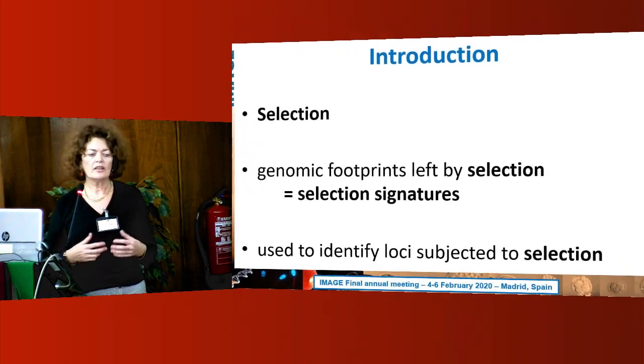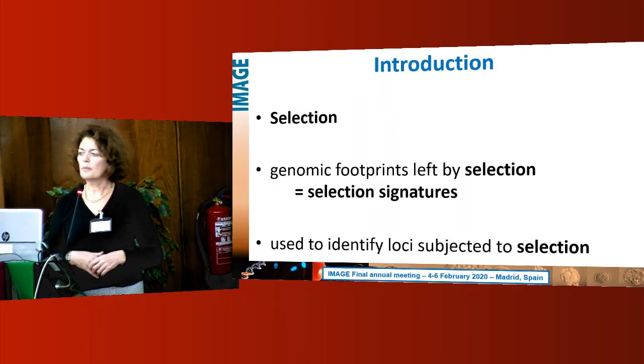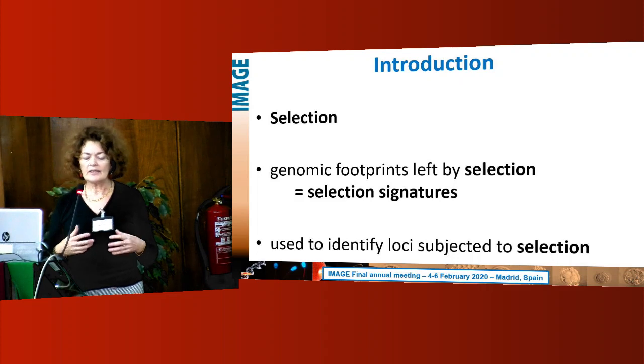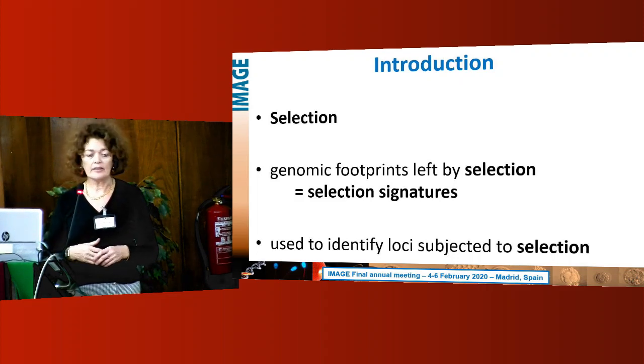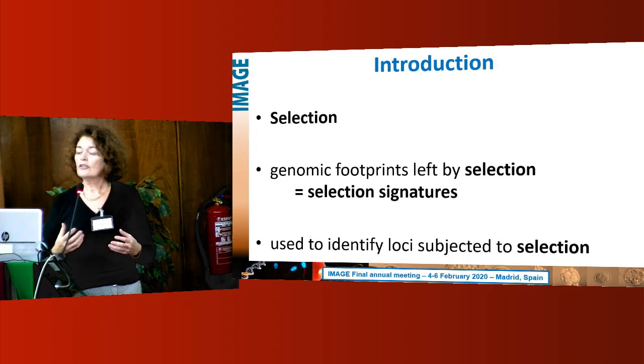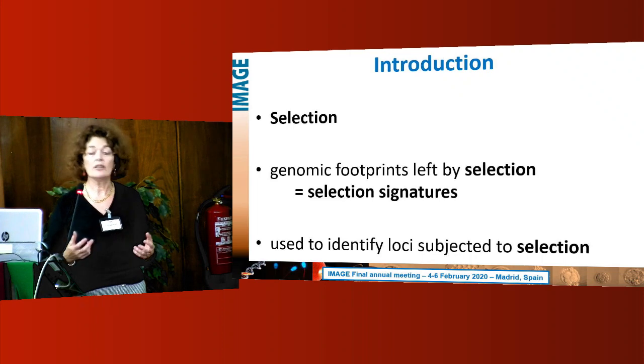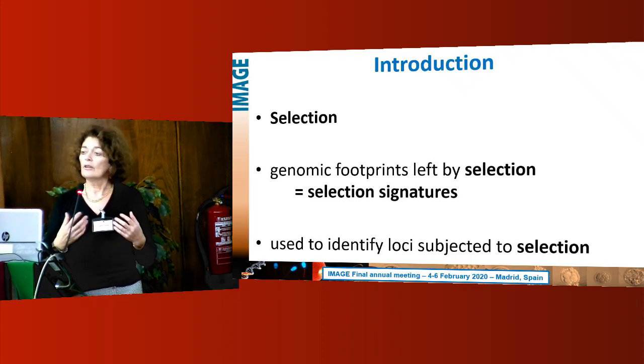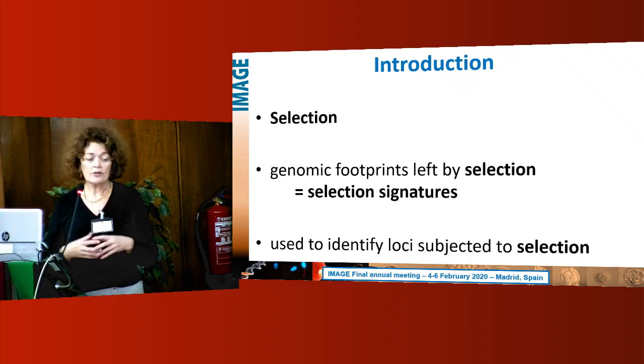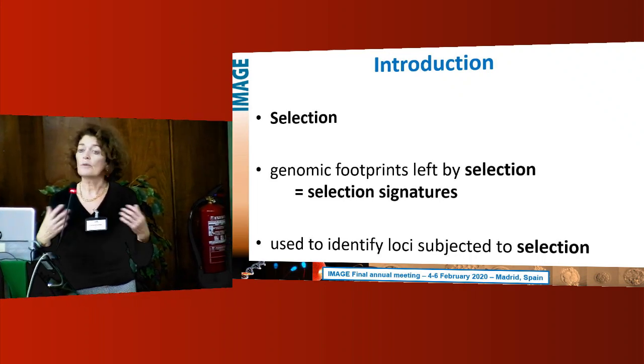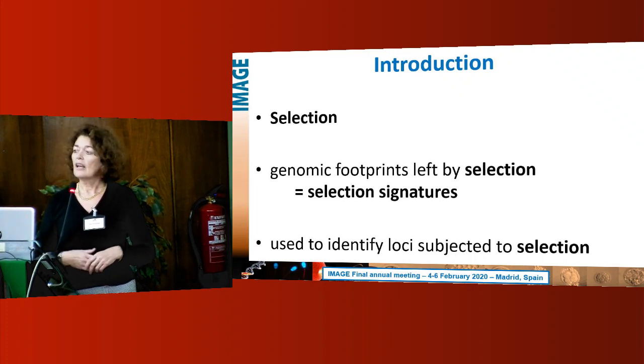Artificial selection tends to leave variable patterns in the genome, and not only at the selected loci, but also in the nucleotides that are around, in a sort of hitchhiking process. So allele frequencies are going to change when the gene is selected, but also the allele frequencies of the surrounding nucleotides and loci. And this is what we call signatures of selection.